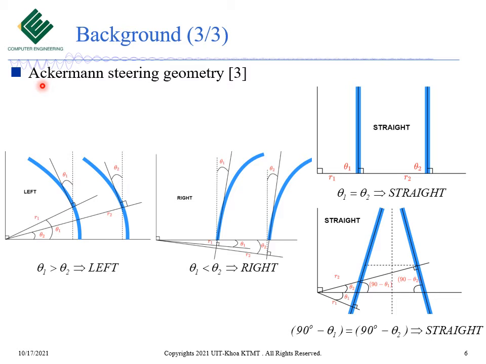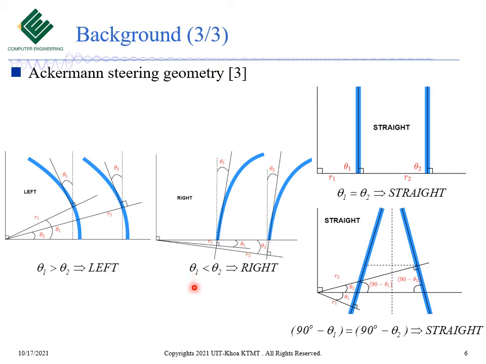For navigation, we apply the Ackermann steering geometry method. In this method, the angles θ1 and θ2 are determined after we apply the Hough transform. If θ1 is larger than θ2, the vehicle will turn left.